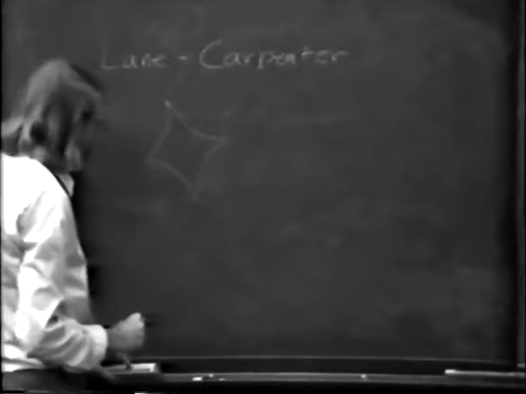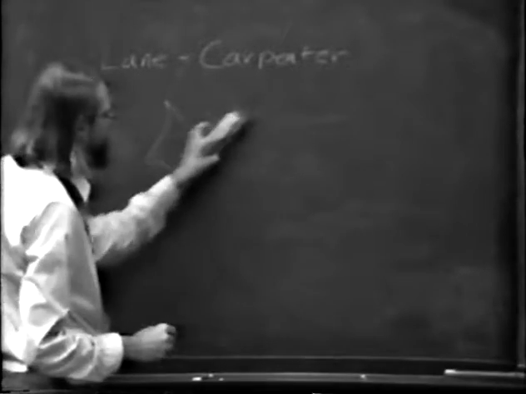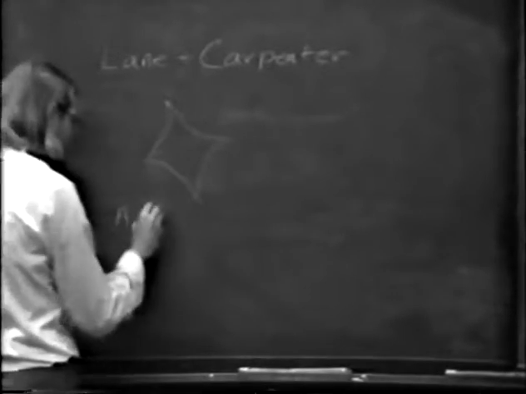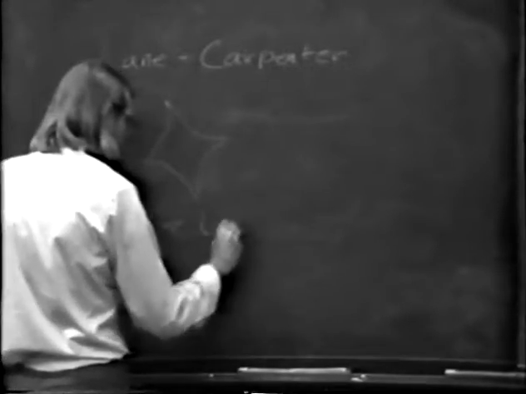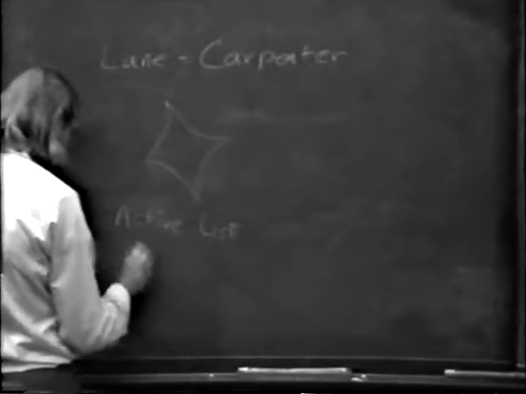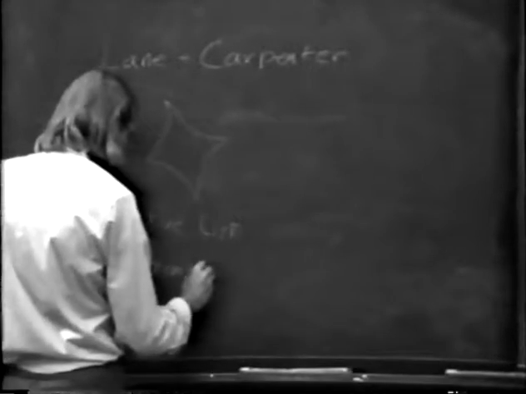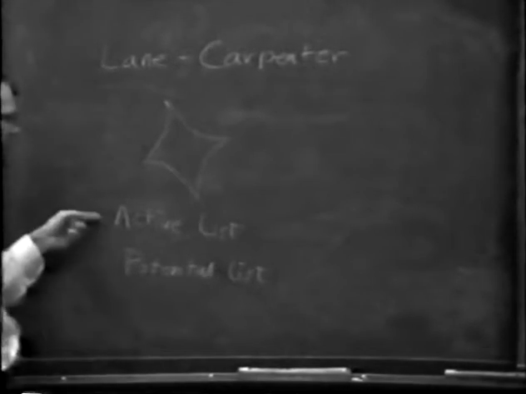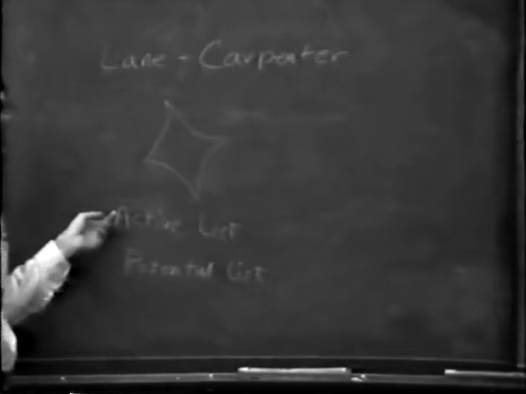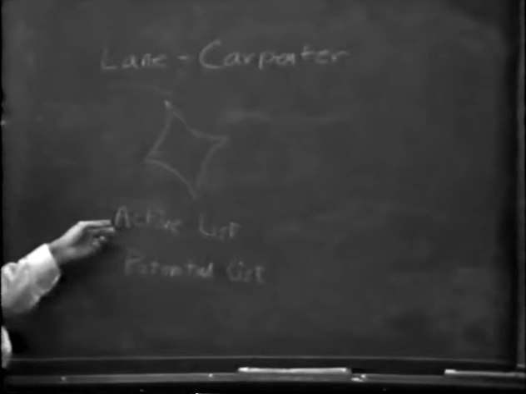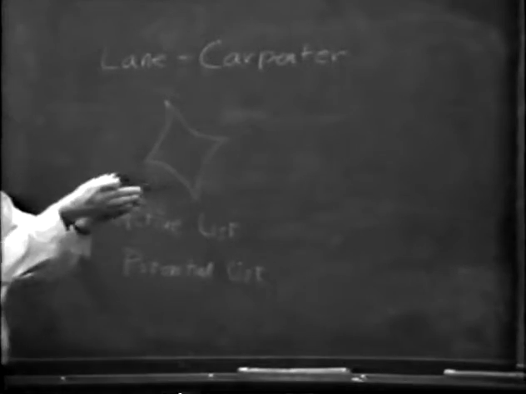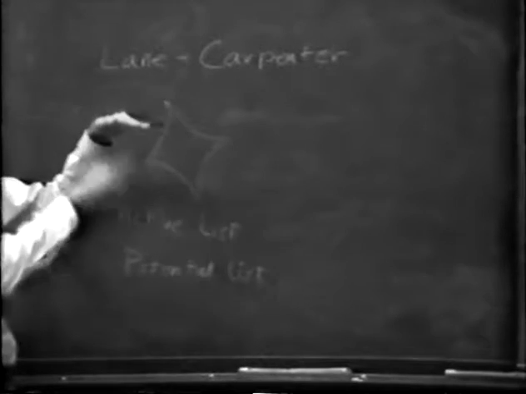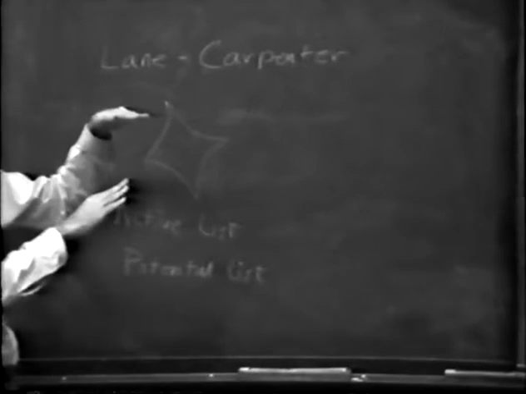They have two lists of things, same as any other algorithm does. You can call it the active list and the potential list. The active list is what's visible on this, what intersects this current scan line, which is what's used for the X scan across that list. Potential list is kind of the Y sort list. Those are the things that are sorted in Y but haven't poked through the scan line yet.